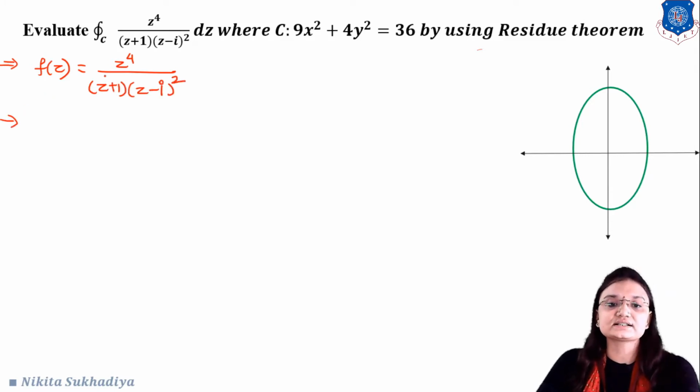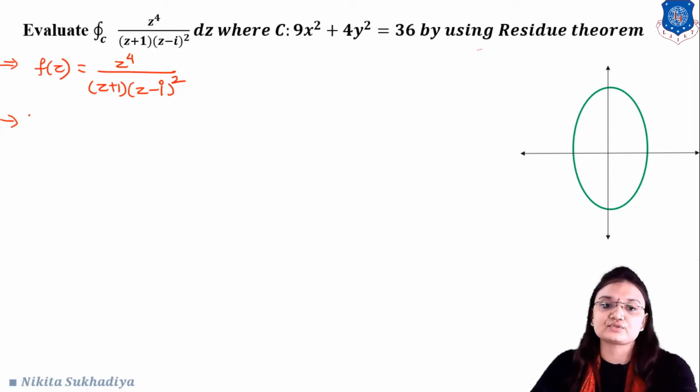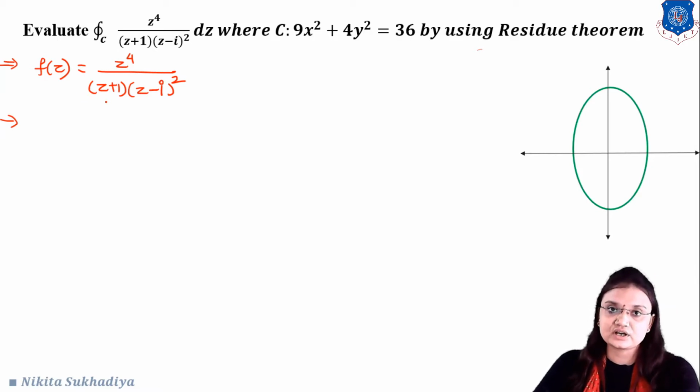Here you can clearly see that if we put z equal to minus 1, we get f(z) equal to infinity. We cannot differentiate an infinite function, so f(z) is not differentiable at z equal to minus 1, and so it is not analytic there.